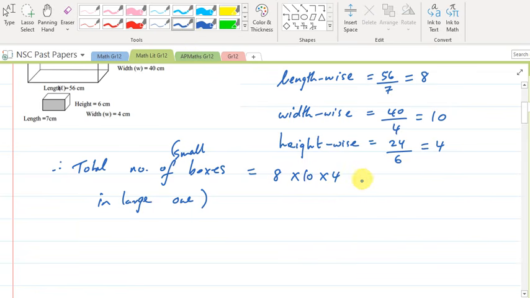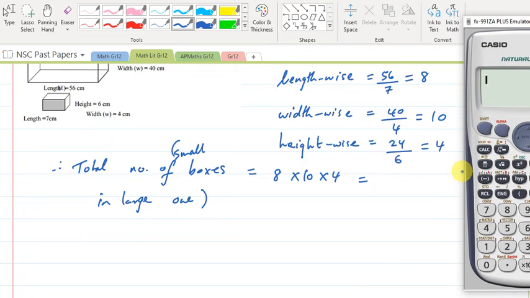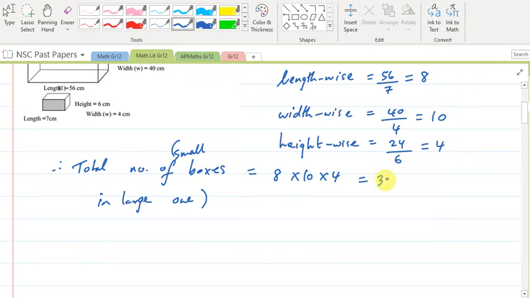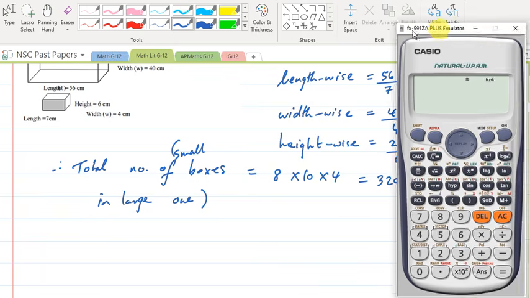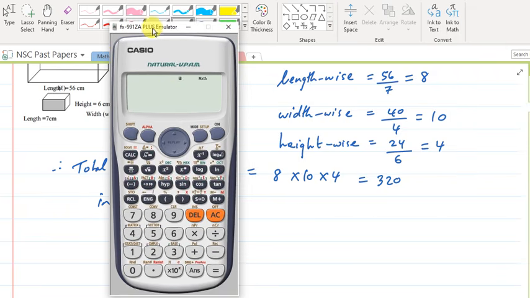Let's see what answer we get. 8 times 10 times 4, you can use a calculator, right? So that's 8 times 4 is 32, times 10 is 320. Just to show you, I'll bring the calculator here on the side. So 8 times 10 times 4, right, 320.